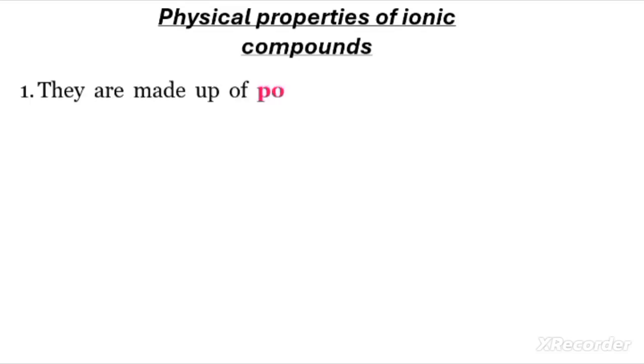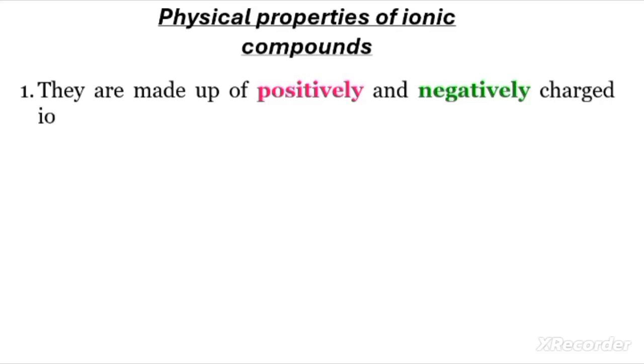Now let us look at the physical properties of ionic compounds. The first physical property: we need to remember that ionic compounds are made up of positively and negatively charged ions.